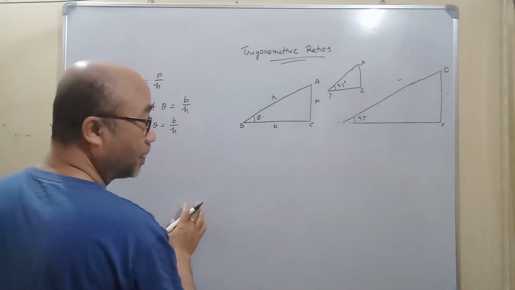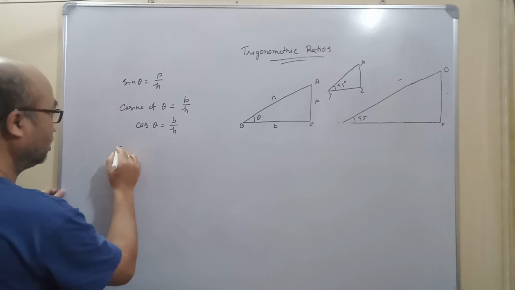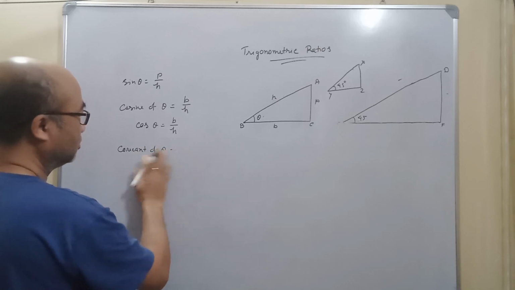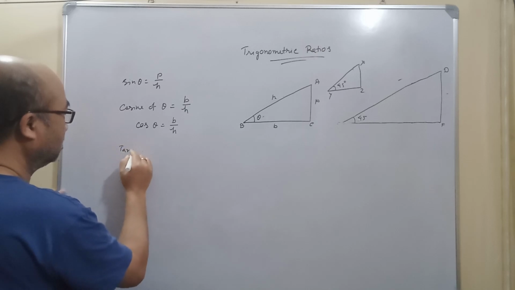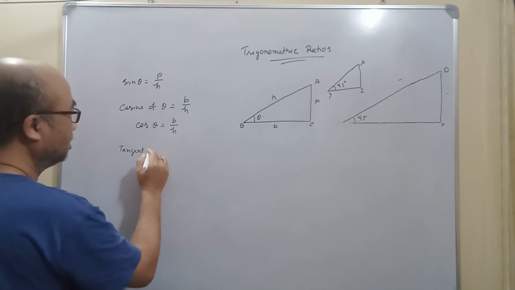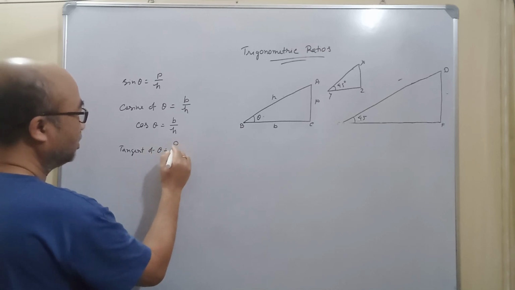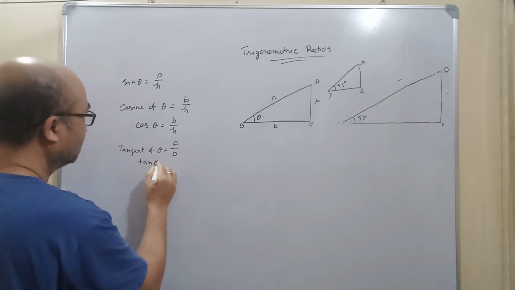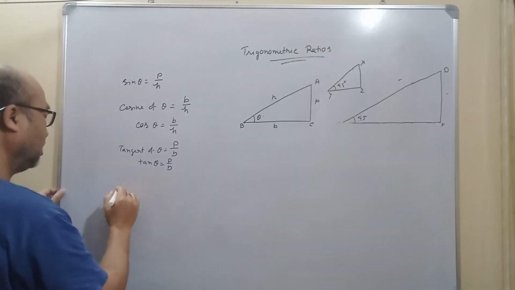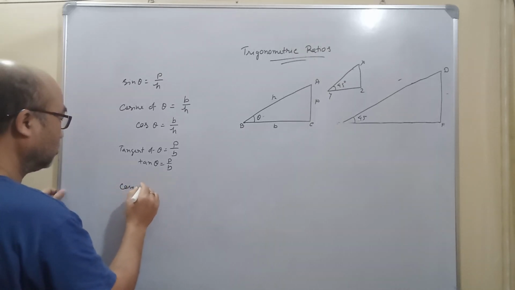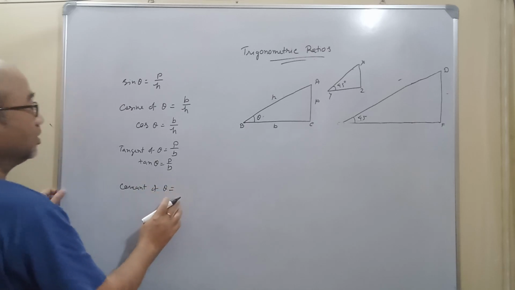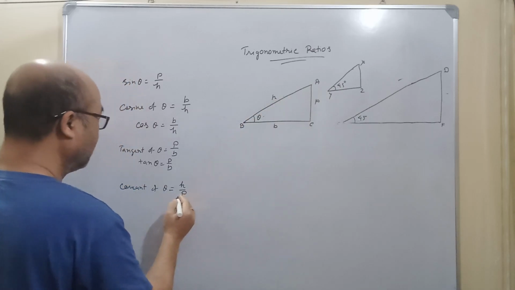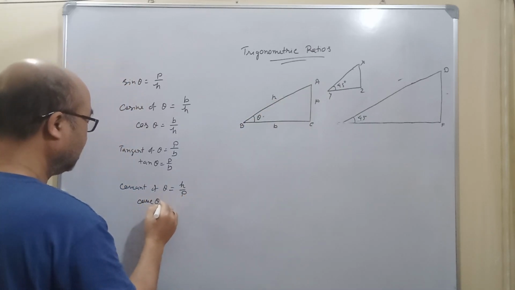And we also have some other ratios, like tangent of theta, which is perpendicular by base, or simply tan theta, P by B. Then cosecant of theta, which is hypotenuse by perpendicular, or cosec theta.